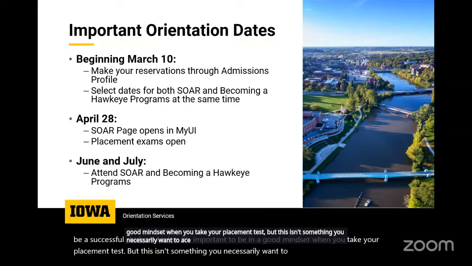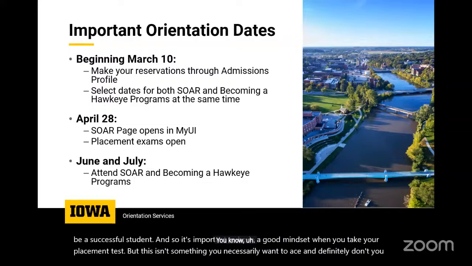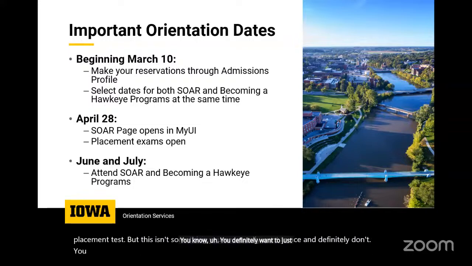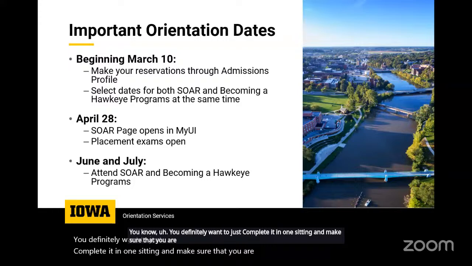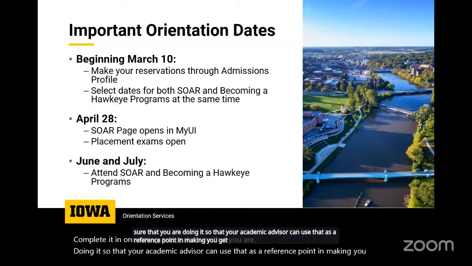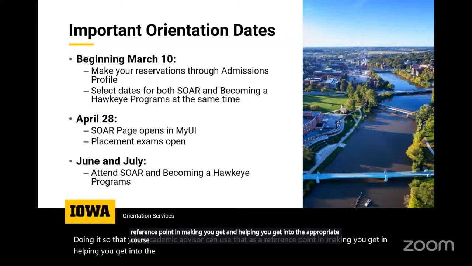You definitely want to complete it in one sitting, so that your academic advisor can use that as a reference point in helping you get into the appropriate coursework for your ability level.